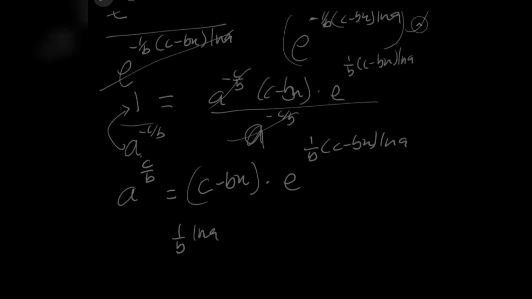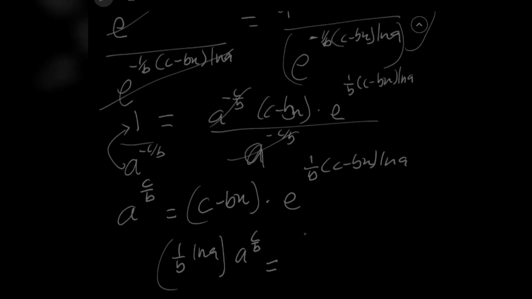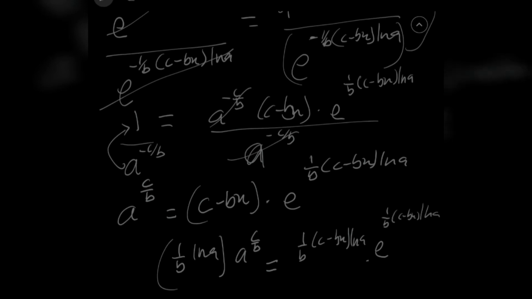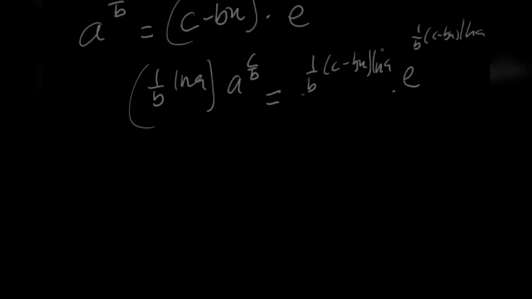So we get the whole of this multiplying e raised to the power c over b equals, multiplying this side also, 1 over b (c minus bx) ln of a, then multiplying e raised to the power 1 over b (c minus bx) ln of a. So this is the same thing as this.